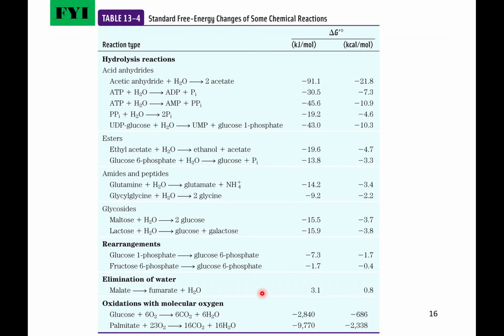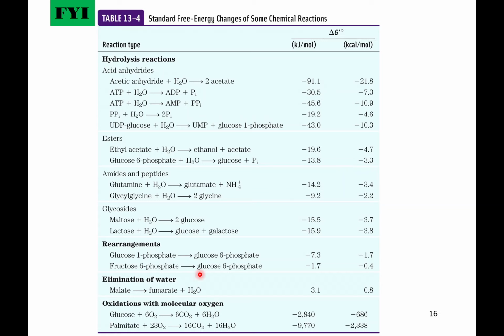This is a table in your book showing some delta G naught prime values for example reactions. For hydrolysis reactions, the general trend is that these are pretty spontaneous, and you can see they have fairly large negative delta G values.